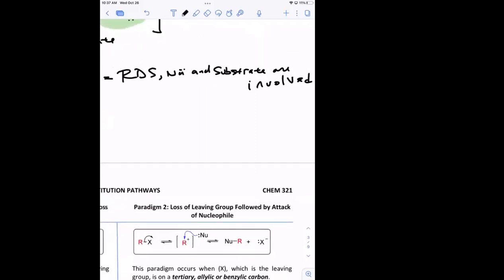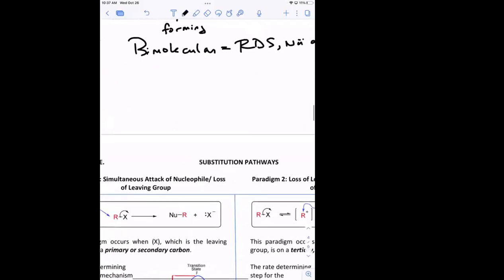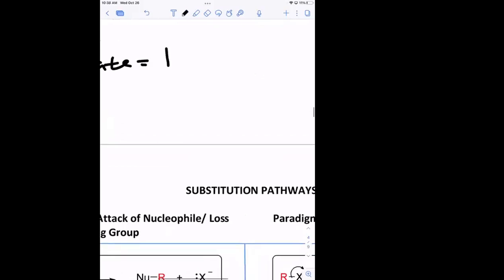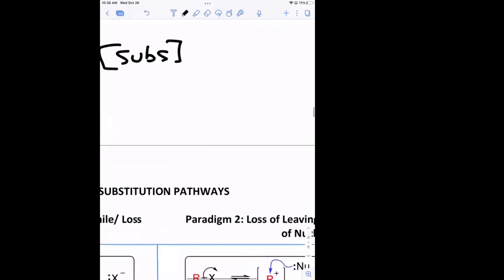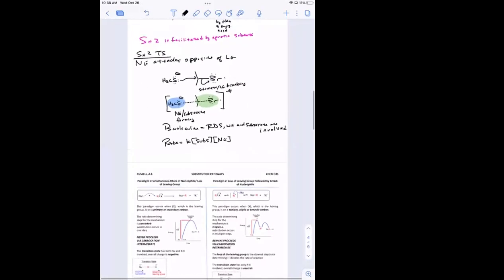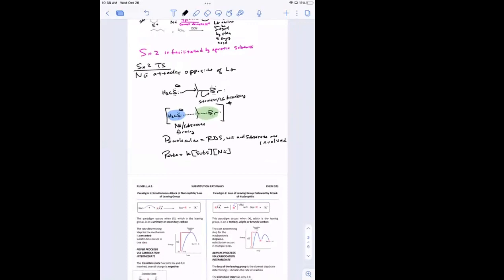All right. So for the SN2, the way we write out the rate law is that the rate equals K times the concentration of the substrate times the concentration of the nucleophile. K is the rate constant.